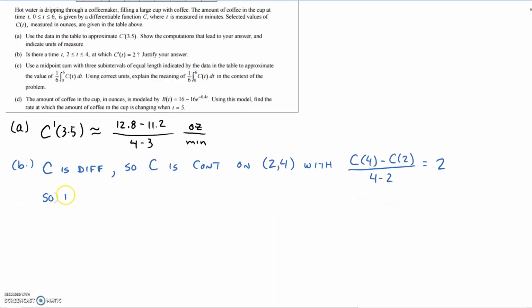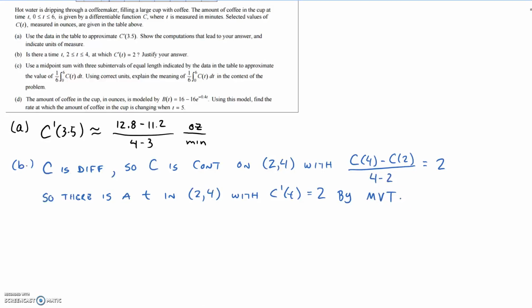So there is a t in 2 to 4 with C prime of t equal to 2. Because the slope of the secant for that interval is 2, then there must be a t inside that interval where the slope of the tangent equals 2, and by MVT.